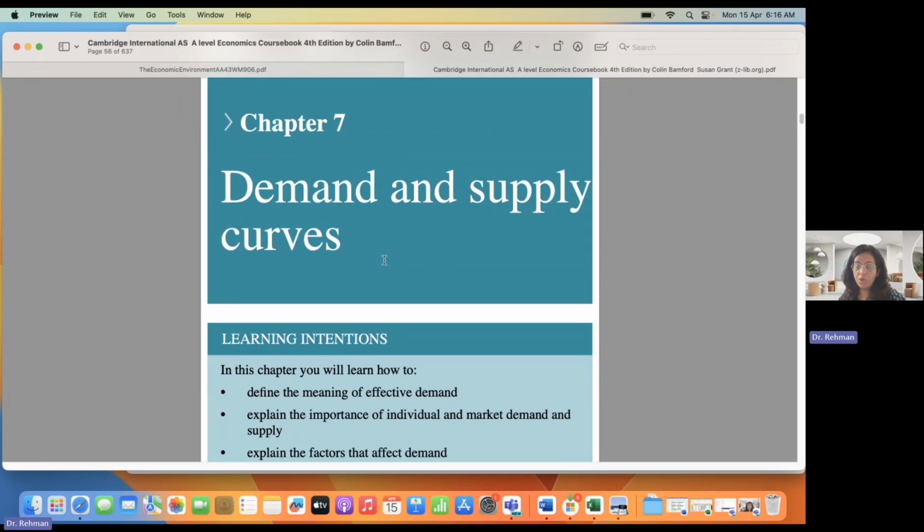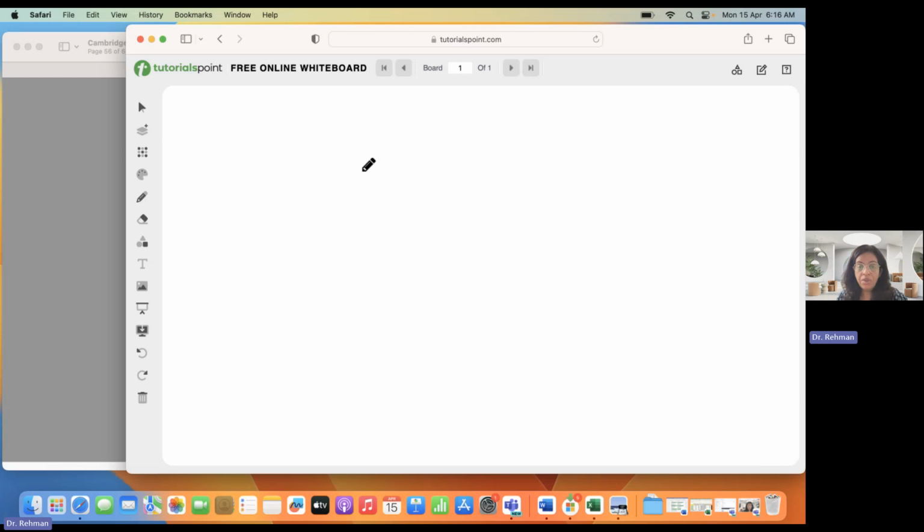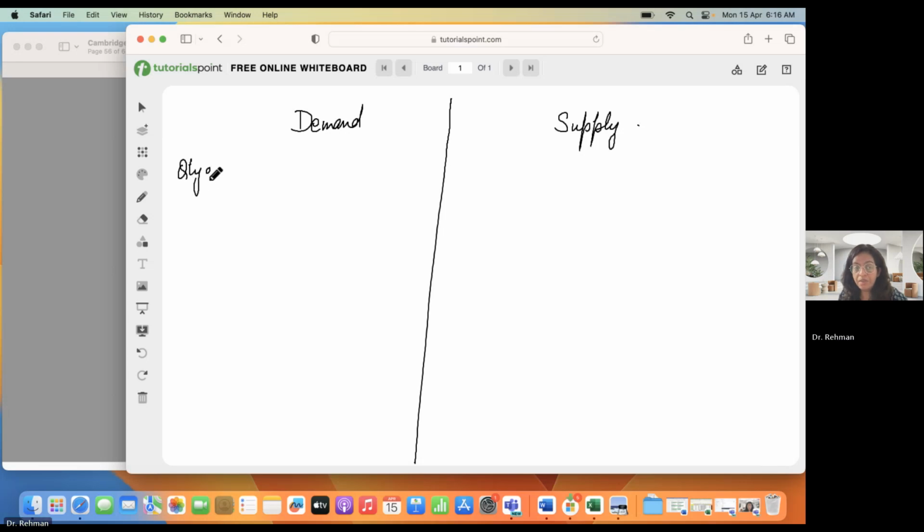First, let us understand what we mean by demand and supply. As we know, these words are very often used in day-to-day life, wherein we say demand, supply. Demand basically is the quantity of goods people are ready to buy at a given price.